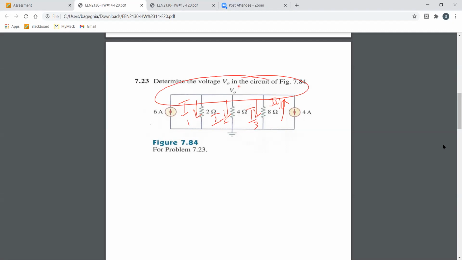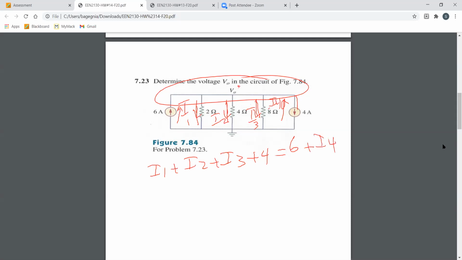So current leaving that node is I1, I2, I3, and 4. So I1 plus I2 plus I3 plus 4. Each of these currents is leaving the node. Now current entering the node will be the 6, which is going toward the node, so 6, and the I4.